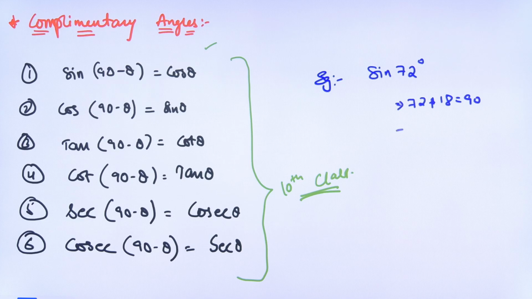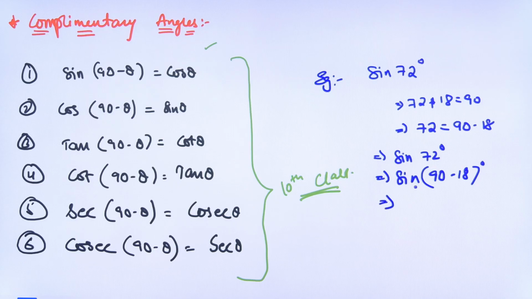So from this, can I say we can write 72 as 90 minus 18, since the 18 goes to the other side and becomes minus 18, right? That means sine 72 degree can be written as sine of 90 minus 18 degree.